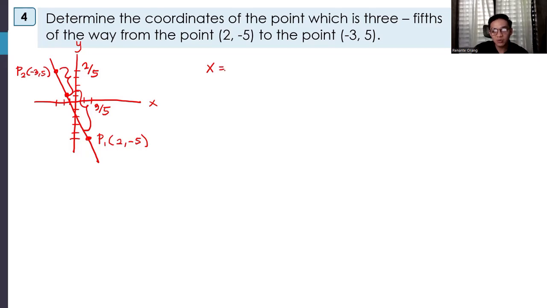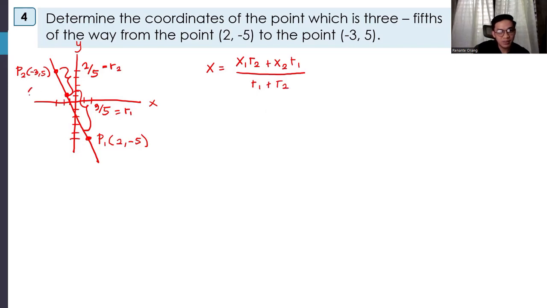X is equivalent to x sub 1 multiplied by r2. Yung ratio ng 2, no? This is our R2 ratio. Then, ito yung ating R1. Plus x sub 2, then multiplied by R1, divided by R1 plus R2.